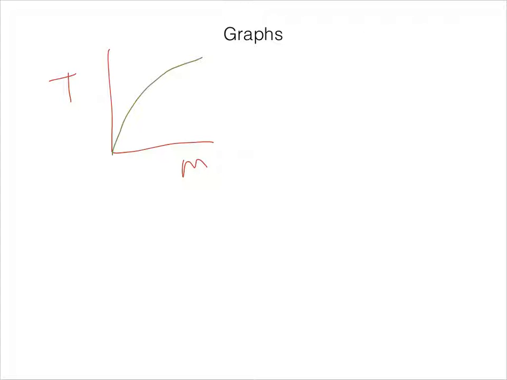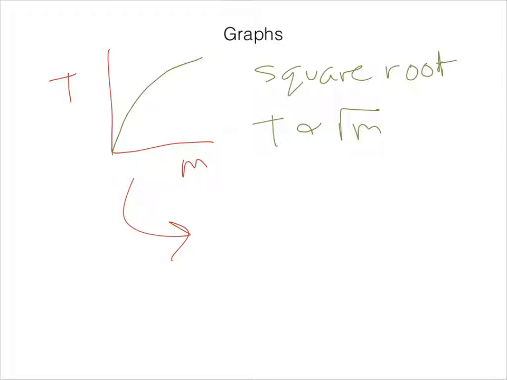So the relationship was square root, and in symbols we would just say period is proportional to the square root of mass. Once we did that, we linearized our graph, so we made a new graph of period versus the square root of mass, and got a straight line.